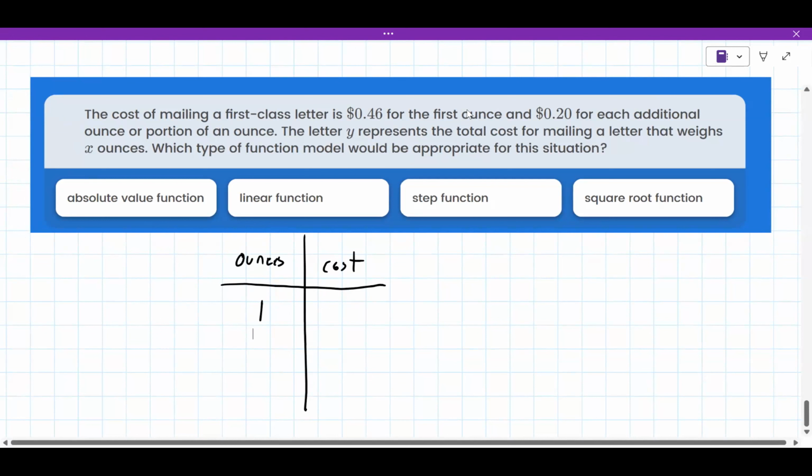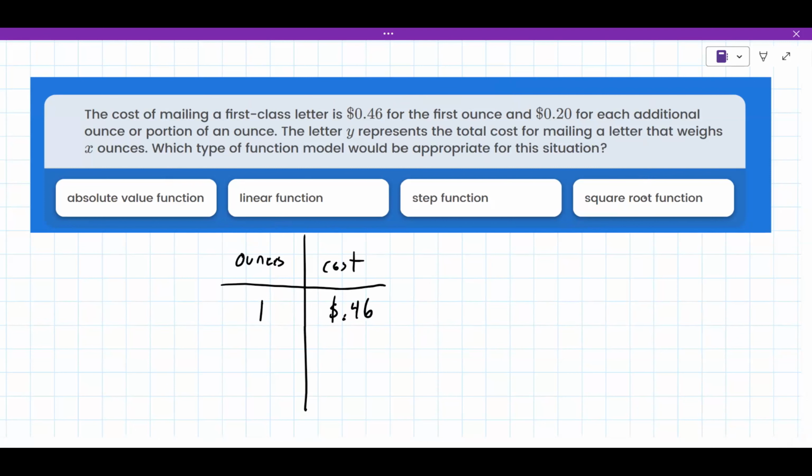Can you say that one more time, please? I'm asking you, how much does a 1 ounce letter cost to mail? It's 20 cents. Good. 20 cents is the additional ounce cost. Oh, oops. Sorry, 46 cents. All right, so it's $1.46.